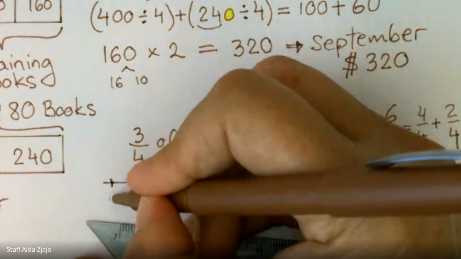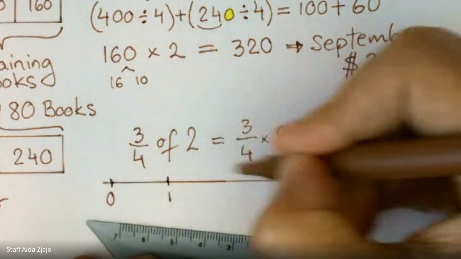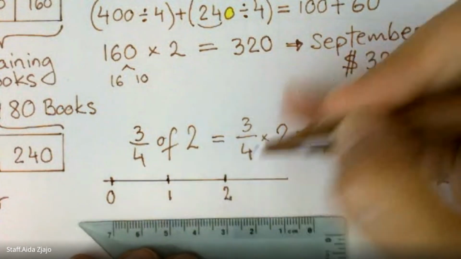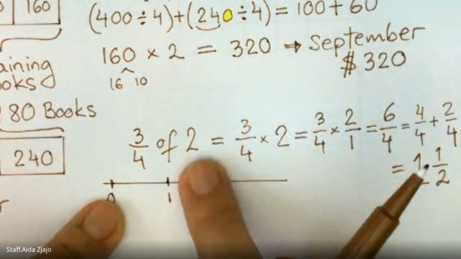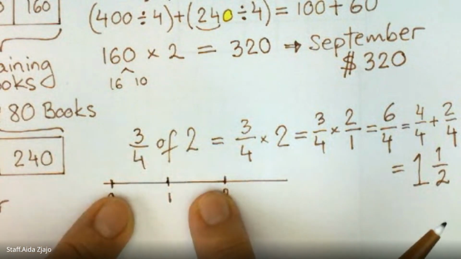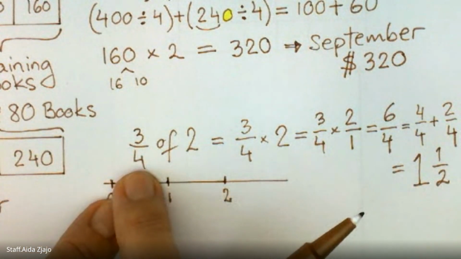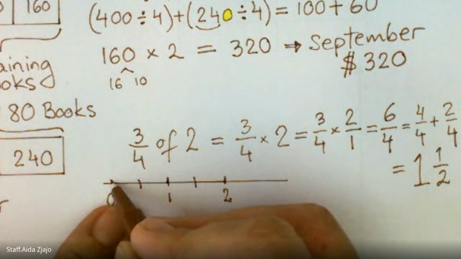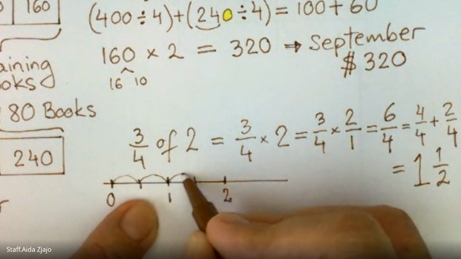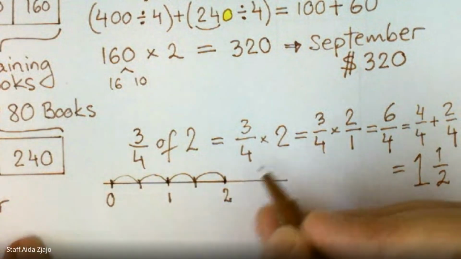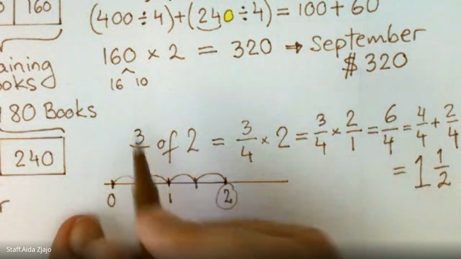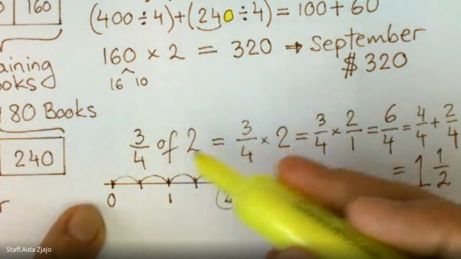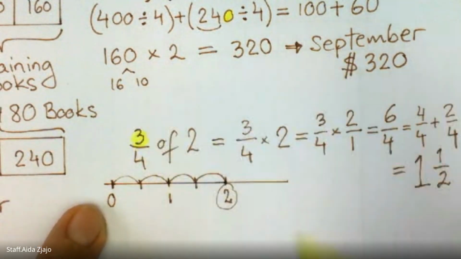I'm going to say this is 0, this is 1, and this is 2. These represent the $2. Now we need to cut that into 4 pieces. So 1, 2, 3, 4. 4 pieces represent $2 because we want a fourth. But the price is only 3 out of 4 pieces.